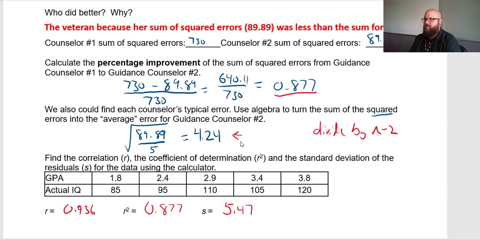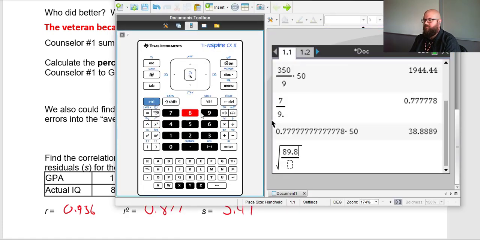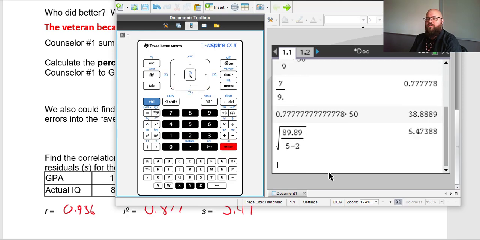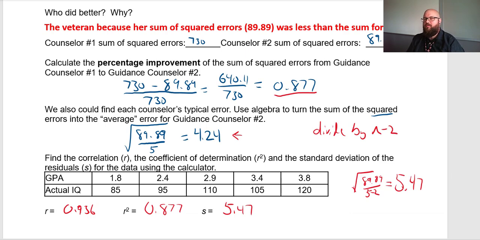So if we were to do this by taking the square root of 89.89 divided by 5 minus 2, then we should get 5.47. So we would have got the same setup there, but the actual calculation for the statistics calculation is to take your sample size minus 2.